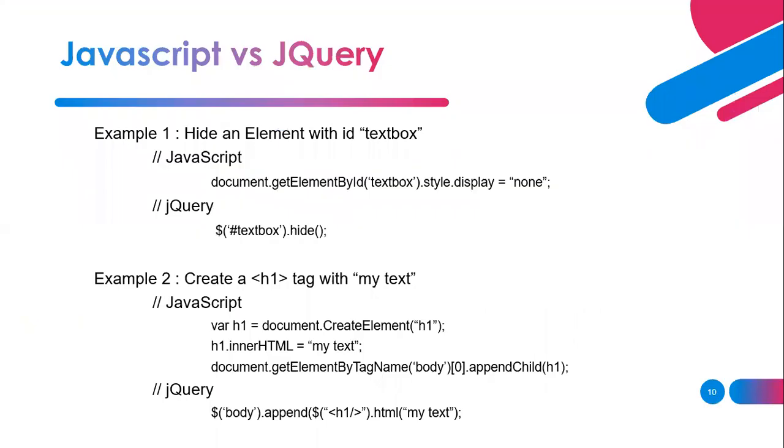So for example, here I want to hide an element with the ID textbox. In the last meeting, when we were using JavaScript, we must use this code: document.getElementById, because this element has an ID, and then the ID name, and then .style.display equal to none, because we want to hide it.